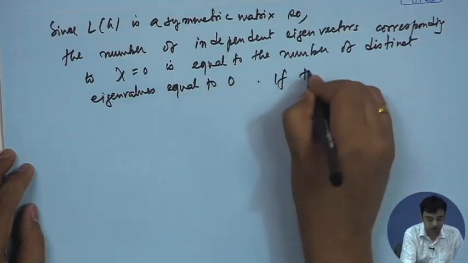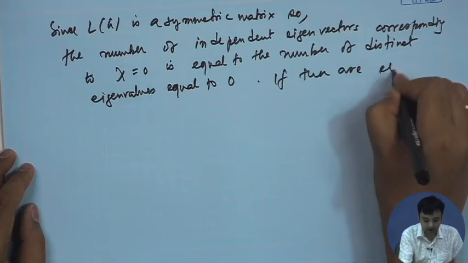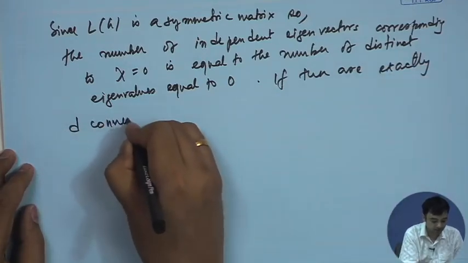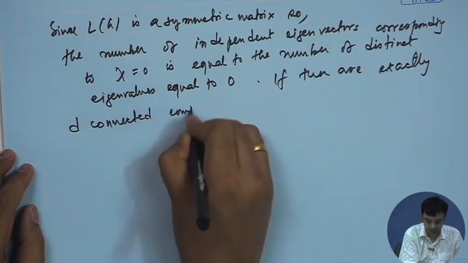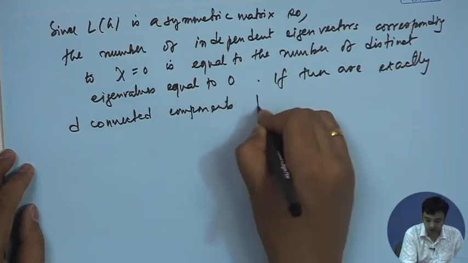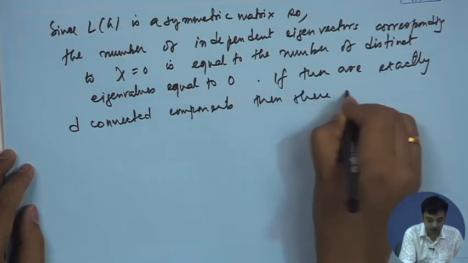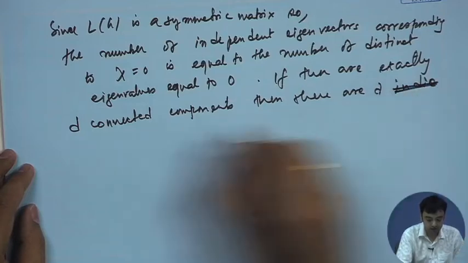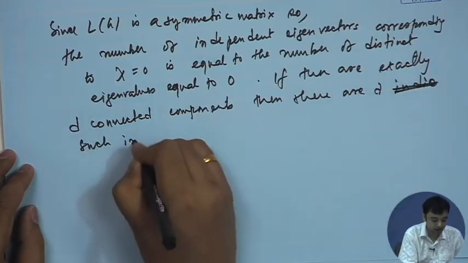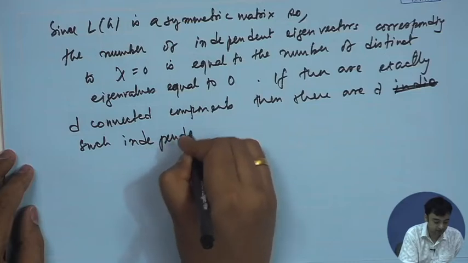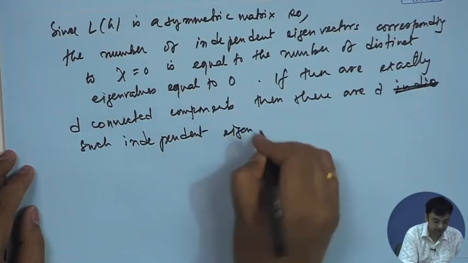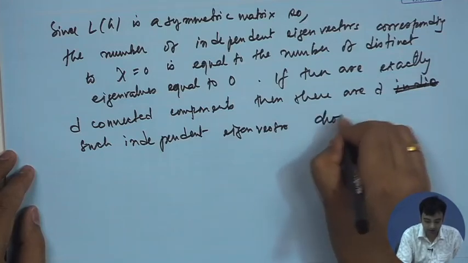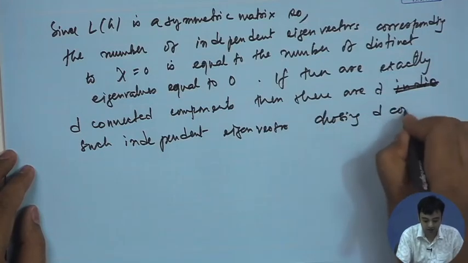So, if there are exactly d connected components, then there are d such independent eigenvectors, choosing d constants.